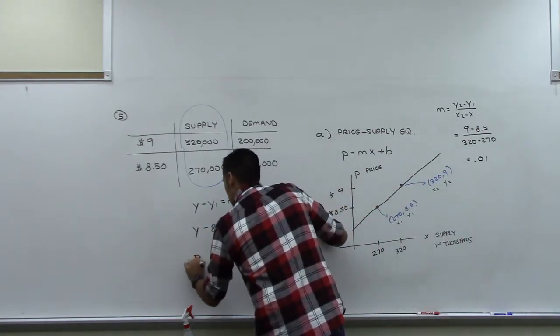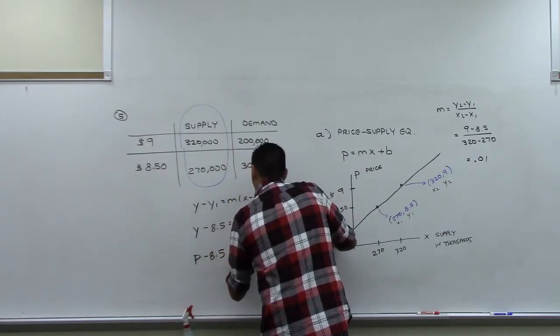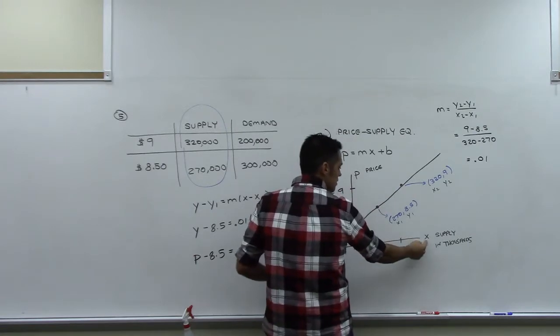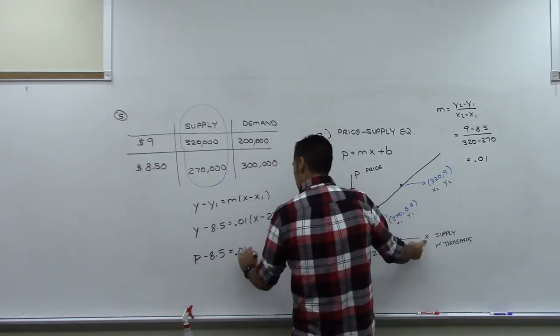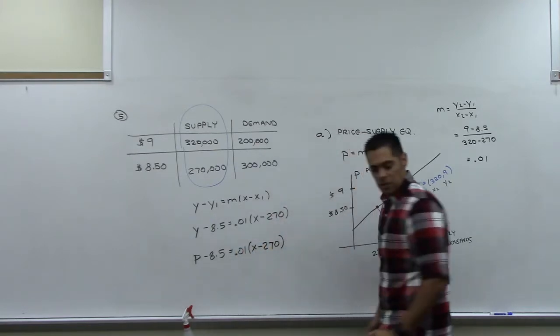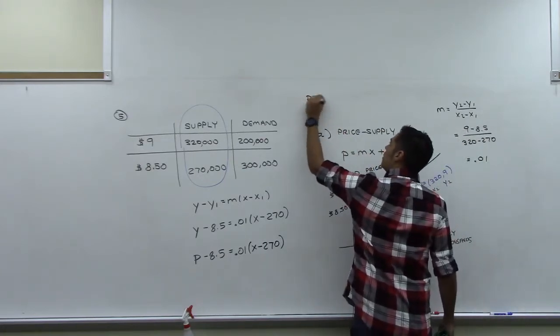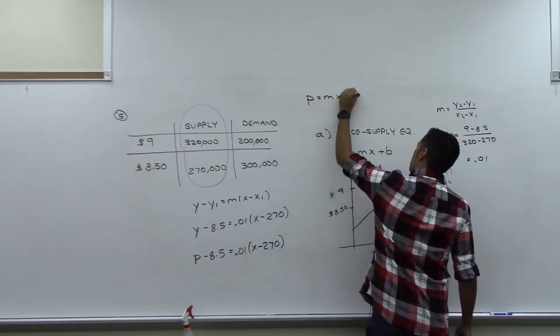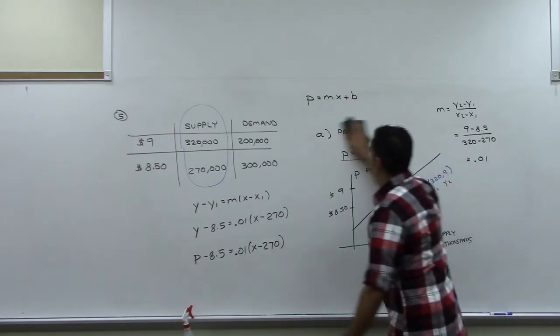So p minus 8.5 equals 0.01 times x minus 270, and they wanted us to use x. That's a good equation, but they want it to look like this. Oh, there it was, sorry, there it is. They want it to look like that, so we're not quite there.